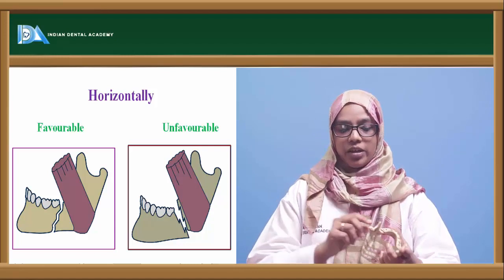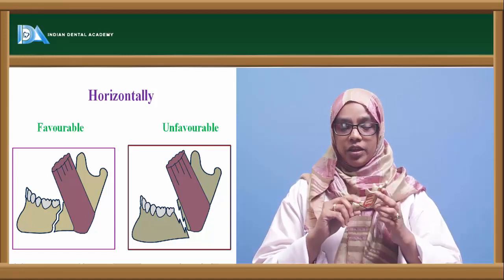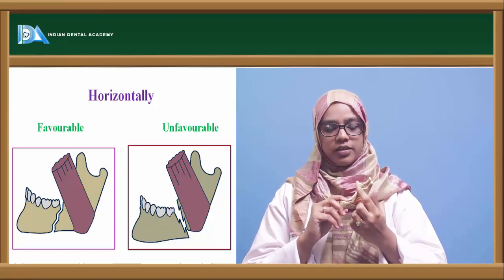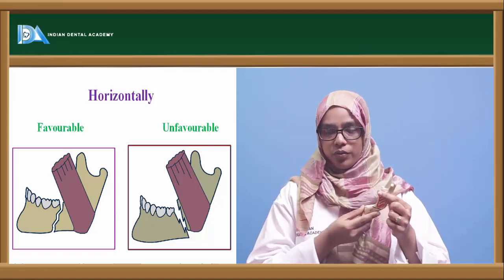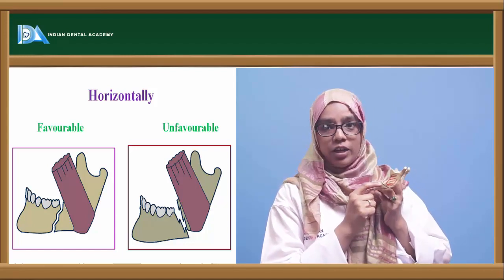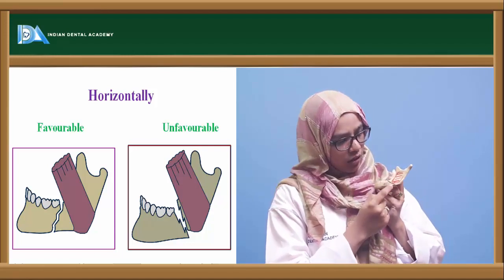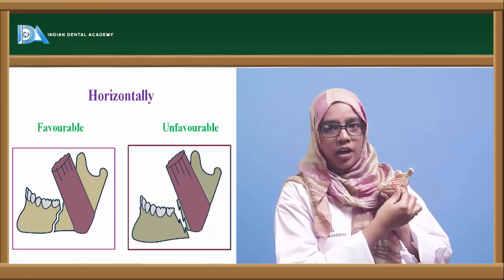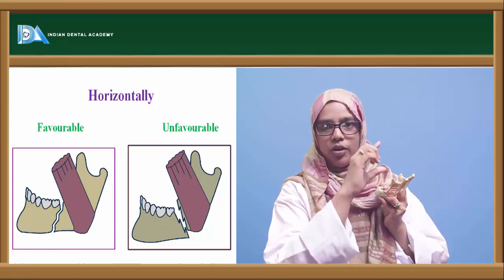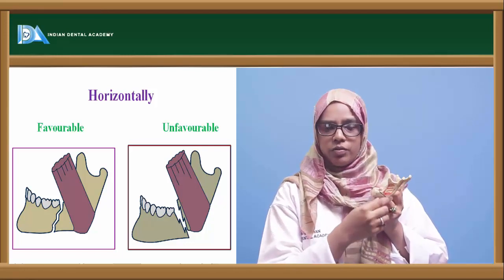When you look at the mandible on the lateral aspect, here the masseter is attached, which pulls the mandible upwards, and here the temporalis is attached to the coronoid process. If the fracture line moves from the alveolar process downwards to the inferior border, there is unhindered movement of the ramus segment. The ramus segment can easily pull up. So this is unfavorable fracture.